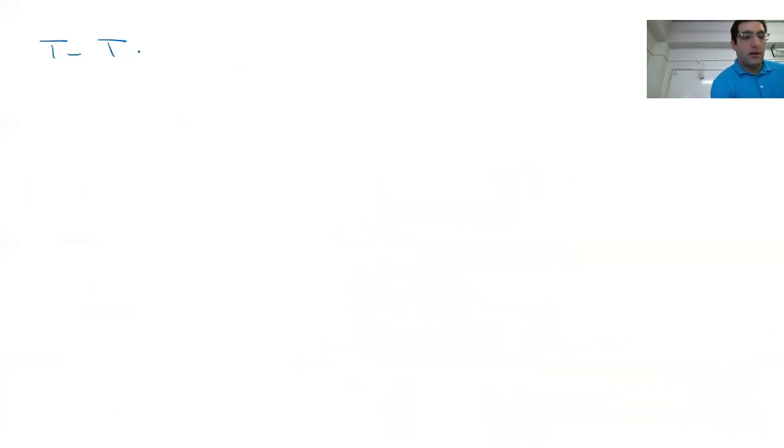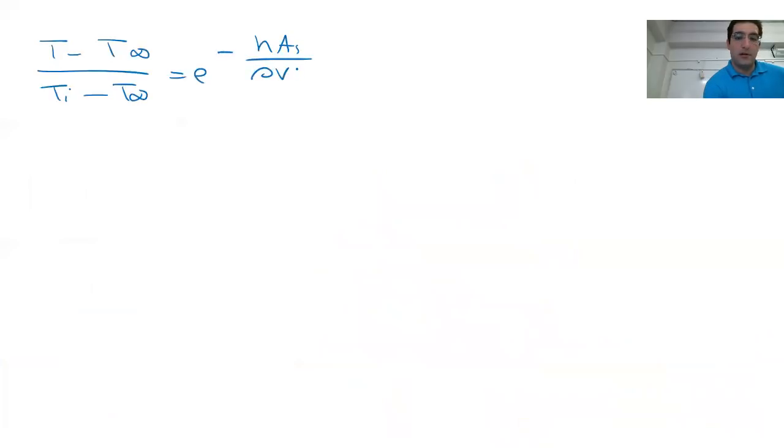Again, I had (T − T∞)/(Ti − T∞) = e to the power of minus hAs over ρVc times t.